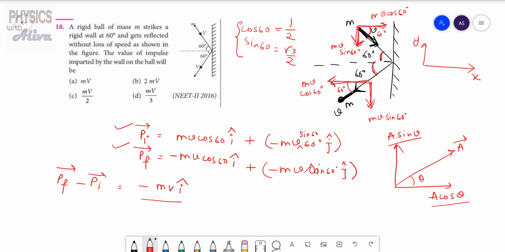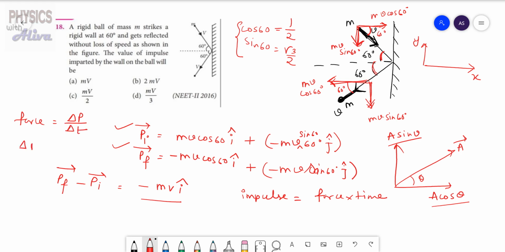We know that impulse is equal to force into the time, right? And from the second law we know that force is equal to change in momentum divided by the time.